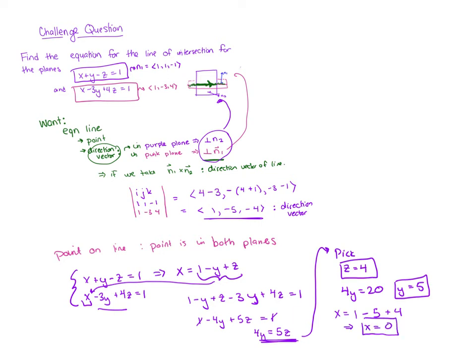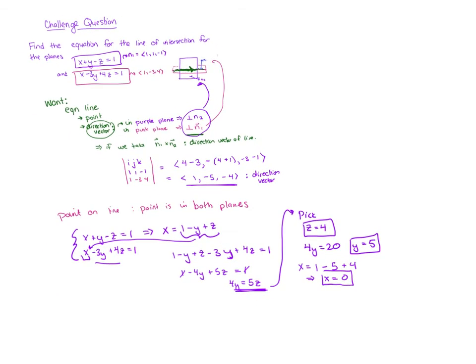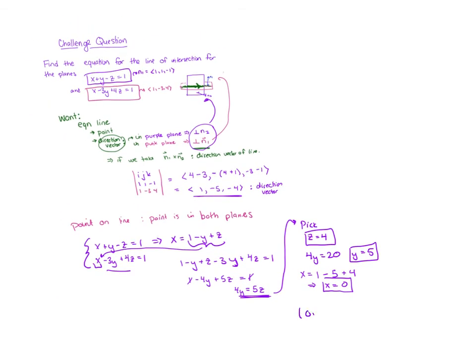So that's a single point on this line. So I get the point 0, 5, 4. So then my line can be written as x of t equals that point 0, 5, 4 plus t times that direction vector, 1, negative 5, negative 4.